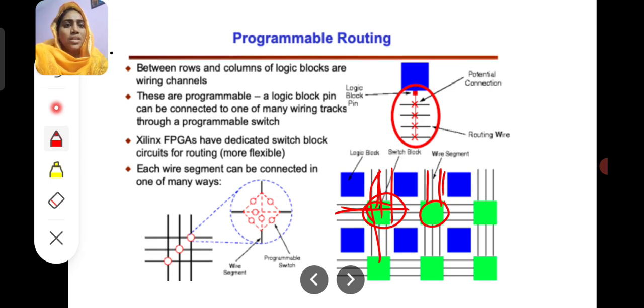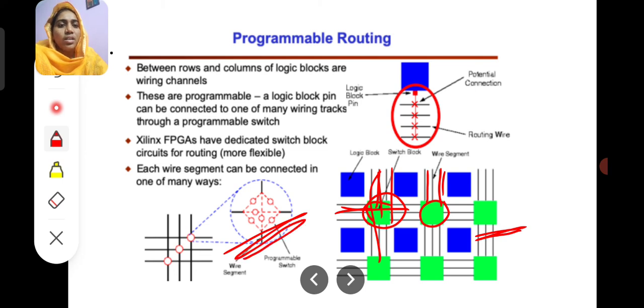These are programmable, and a logic block pin can be connected to one of many wire tracks through a programmable switch. Xilinx FPGAs have a dedicated switching block circuit for routing. These switching matrices are used to make the FPGA more flexible. Each wire segment can be connected in one way like this, so we can connect wires in many ways.